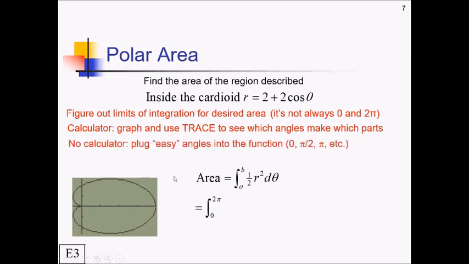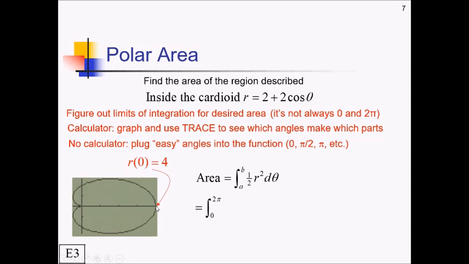Now, if you didn't have a calculator, one other way you could do this is plug easy angles into this function just to show you where you were. For example, if you plug in the angle 0, if you do 2 plus 2 cosine of 0, well, cosine of 0 is just 1, so that'd be 2 plus 2, which is 4. This is saying when I'm on the 0 line, I'm going 4 away from the origin, so that would give me this spot right here.